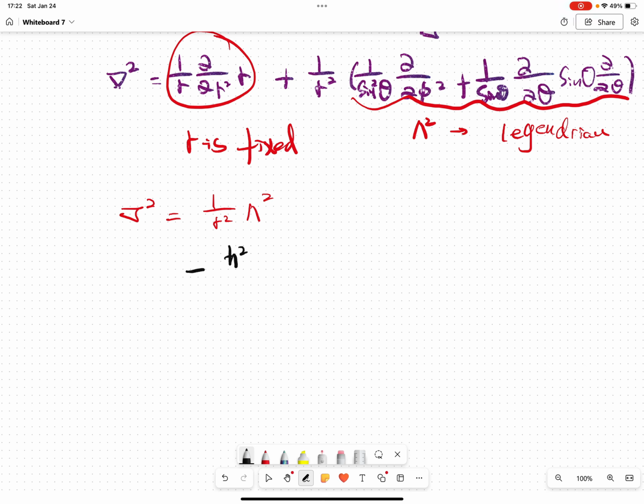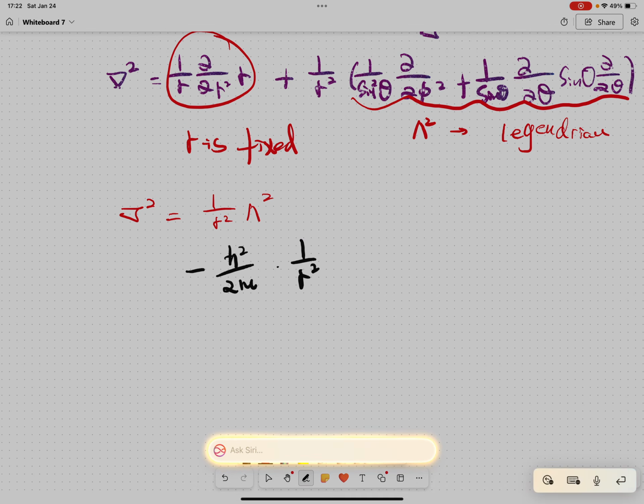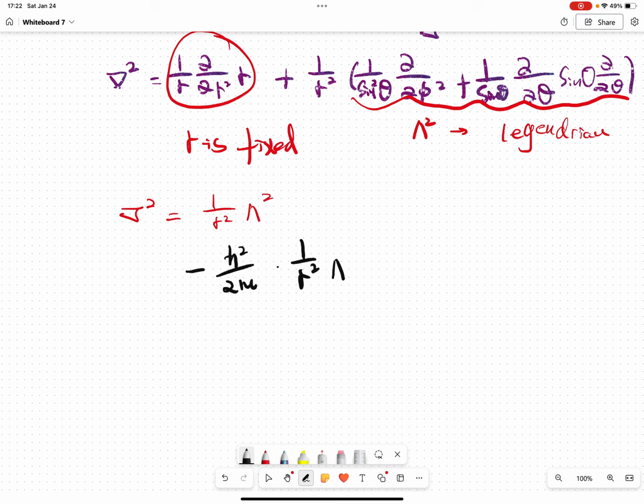Minus h bar squared divided by 2m times 1 over r squared, and you have this operator applied on the wave function of theta and phi. That's the two-step part that I expect you to know.